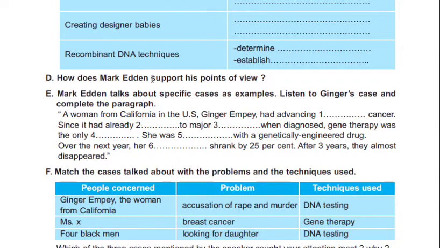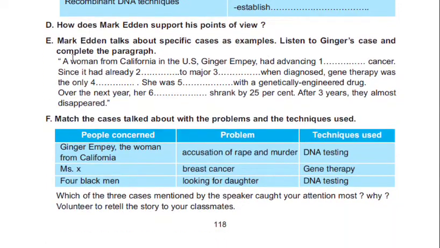E. Mark Eden talks about specific cases as examples. Listen to Ginger MP's case and complete the paragraph. You can play the passage that I uploaded. I'm reading that a woman from California in the US, Ginger MP, had advancing breast cancer. Breast is spelled BREAST.